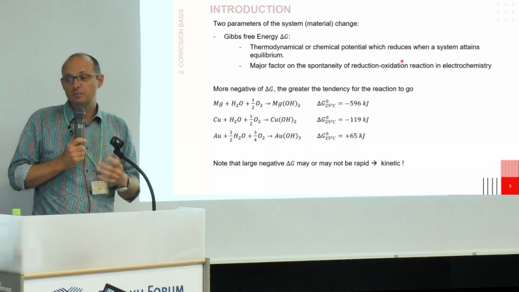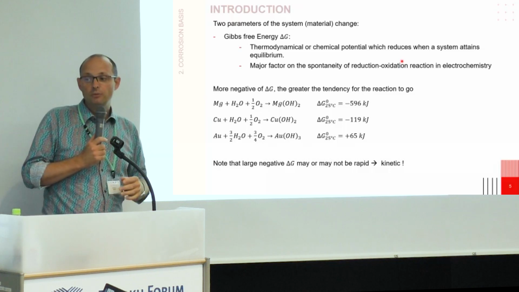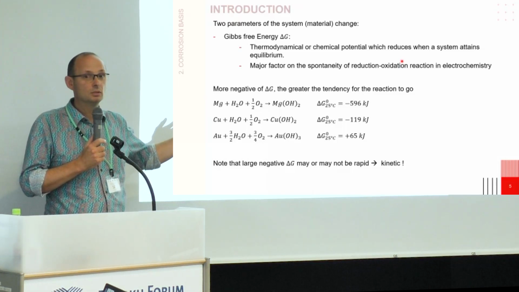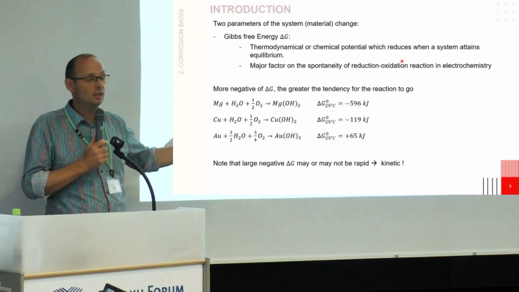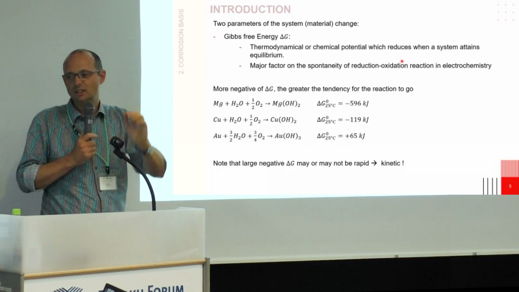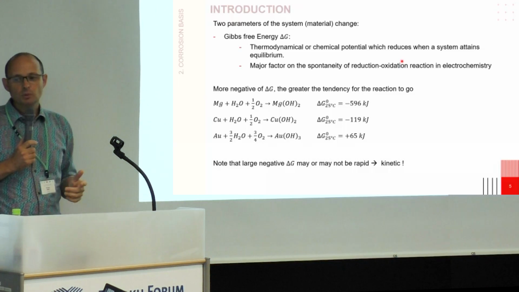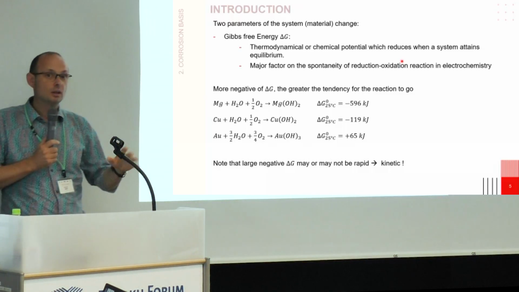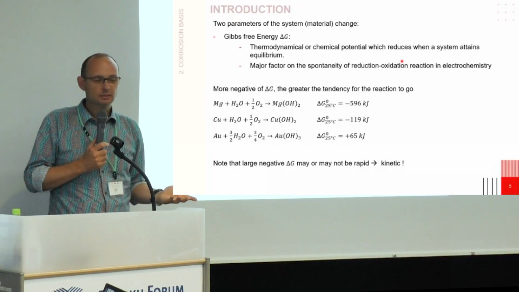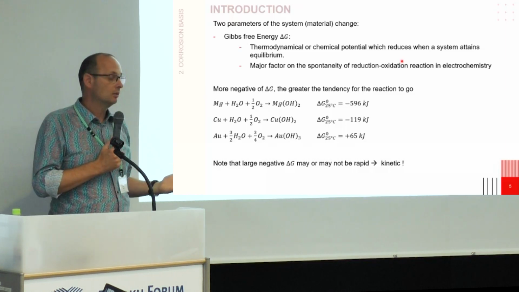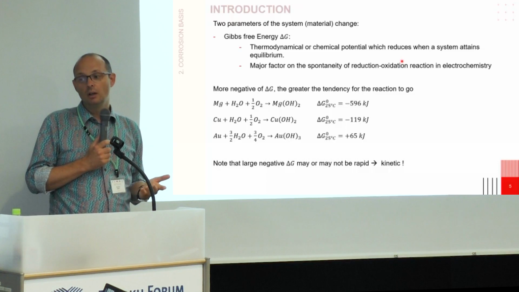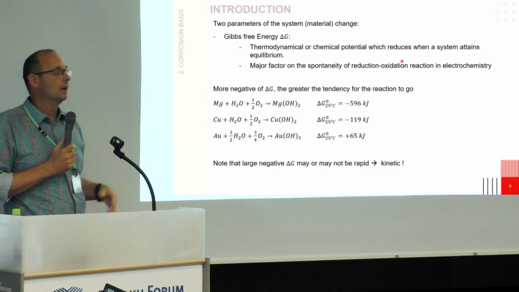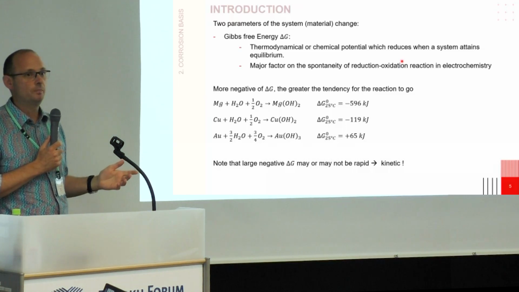Here, I have listed 3 examples of reaction. So there are oxidations using oxygen. If you look at magnesium in water with oxygen inside, you will create a magnesium hydroxide and you have a Gibbs free energy of about minus 600 kilojoules.